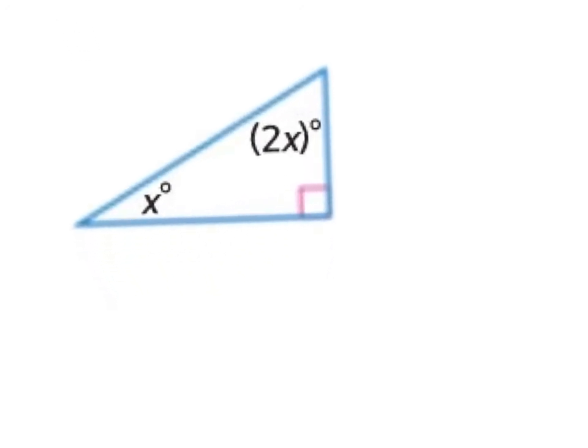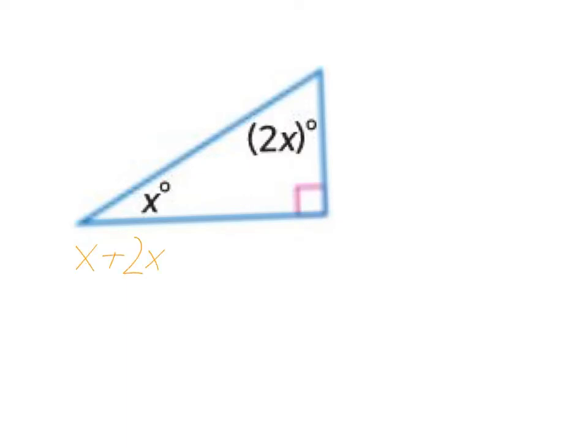D. Well, we have a right triangle here, and we should be familiar by now that this symbol means we have a 90-degree angle. So we're going to use our internal angle rule, such that x plus 2x plus 90 is equal to 180.